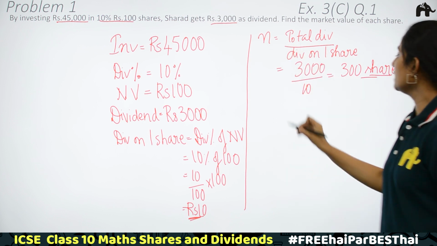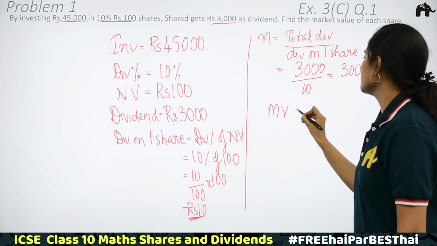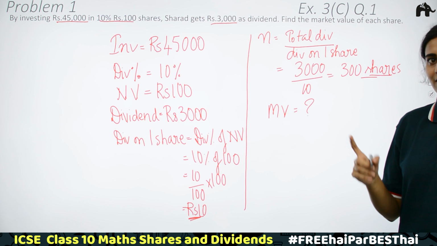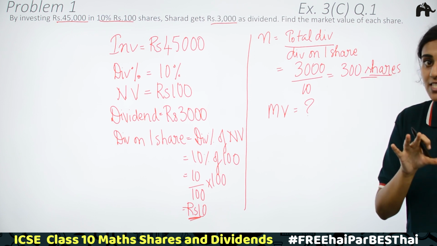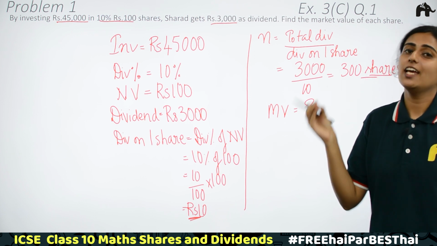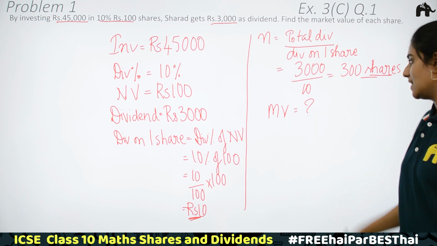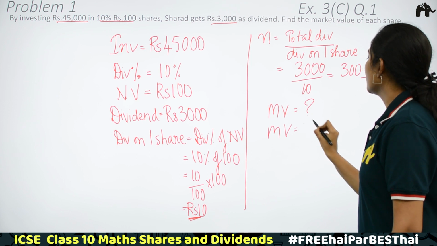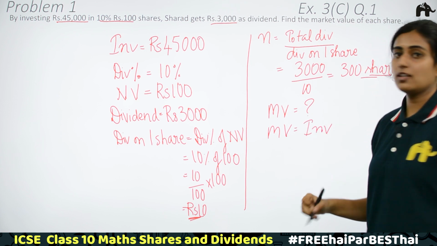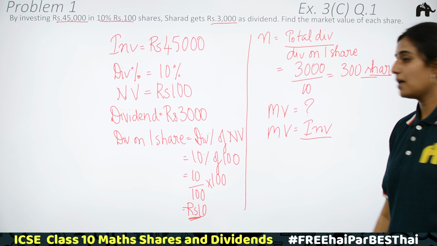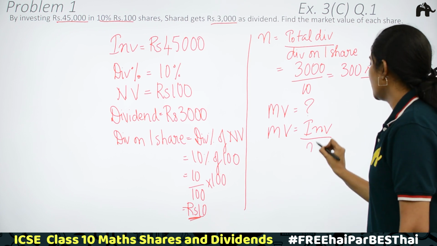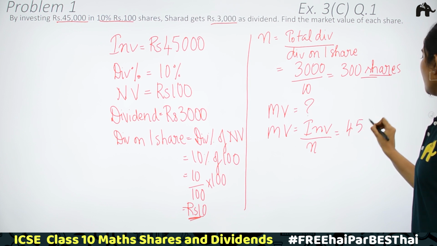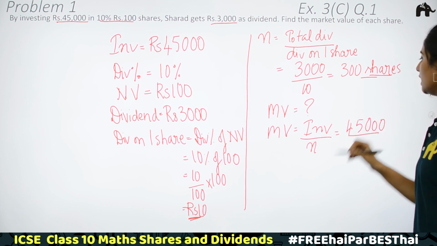We need to find the market value of one share. First formula. You remember? Sum invested is equal to market value of one share into number of shares. From that, market value of one share is equal to sum invested or the investment divided by number of shares N. Here the investment is 45,000 divided by number of shares.